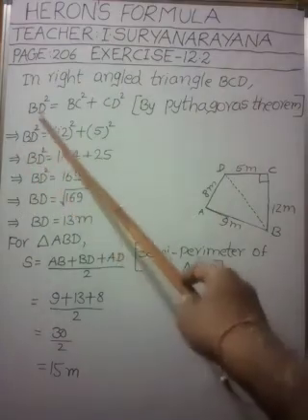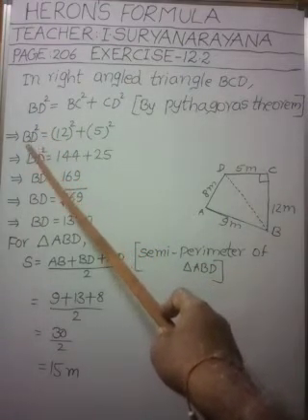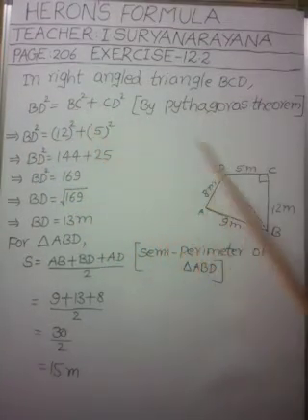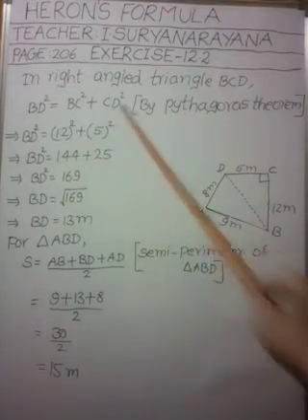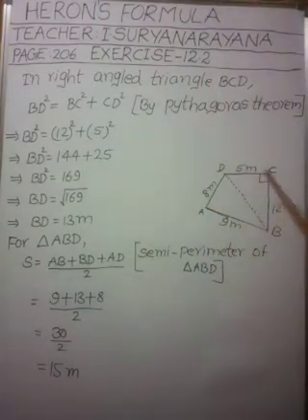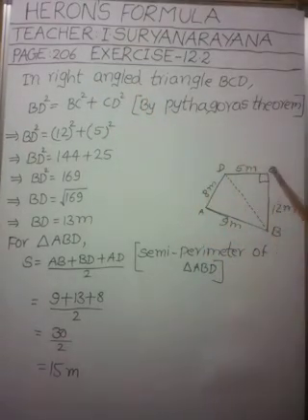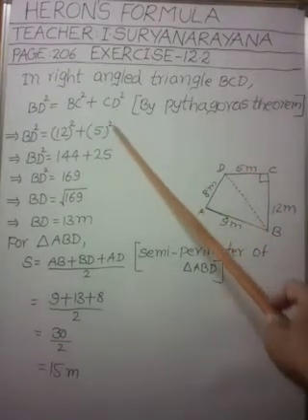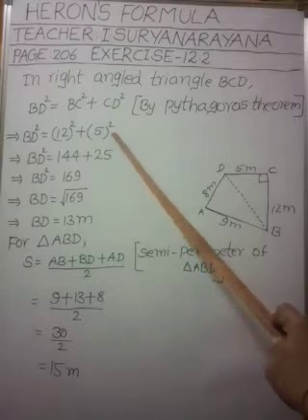This implies BD square is equal to, we don't know the measurement of BD. What is the length of BC? 12. So 12 whole square plus what is the length of CD? 5 meters. 5 whole square. We substituted the lengths of BC and CD in this equation. Then we got this step. Understood this step, my children?